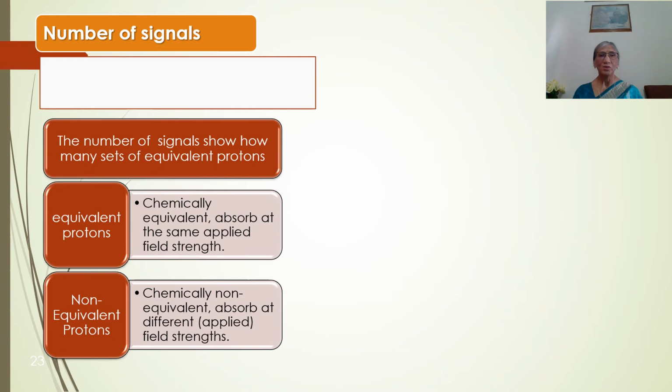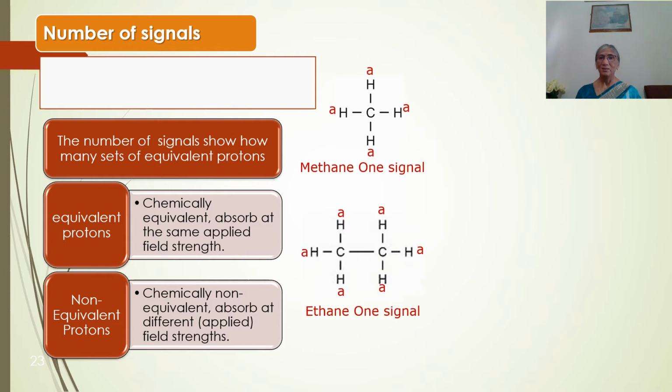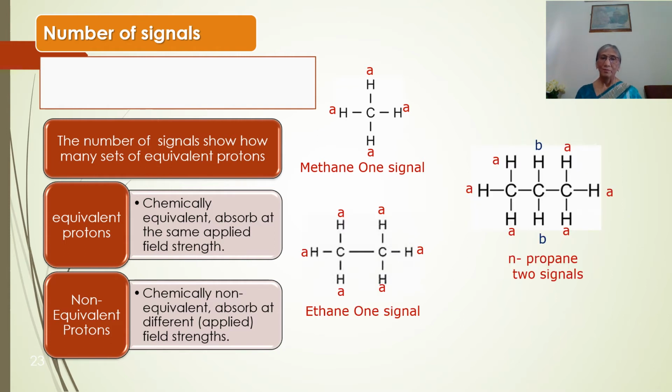We will discuss now the number of signals. See the example of methane, ethane, and propane. The NMR spectrum of methane shows only one signal. The NMR spectrum of ethane shows only one signal, whereas the NMR spectrum of propane shows two signals.